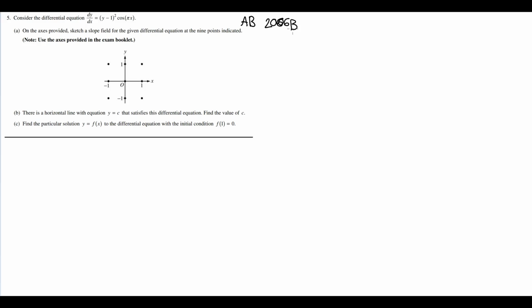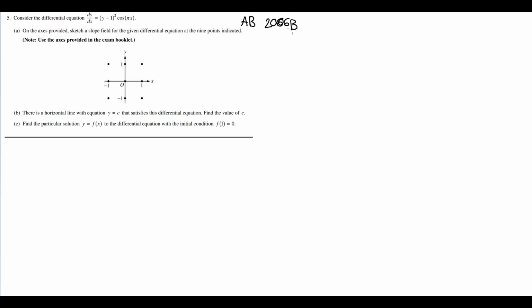Part A: on the axes provided, sketch a slope field for the given differential equation at the 9 points indicated. So let's make our slope field at point (0, 0).